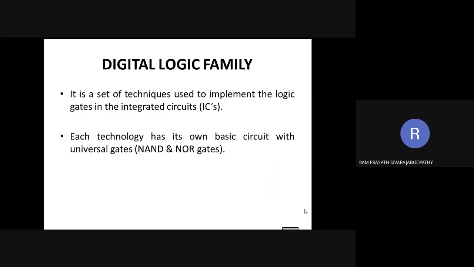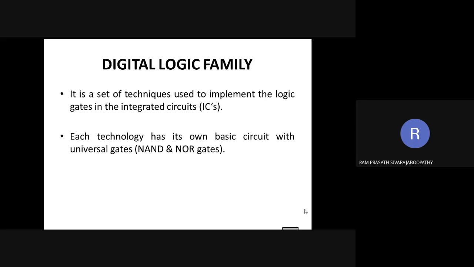so each technology has its own basic circuit with universal gates. Please remember one thing, all the ICs are built using only NAND and NOR gates. Already நம்ம சொல்லிருக்கோம். NAND and NOR gates are called what? Sir, can we say single logic gate as an IC? No, Srihari.